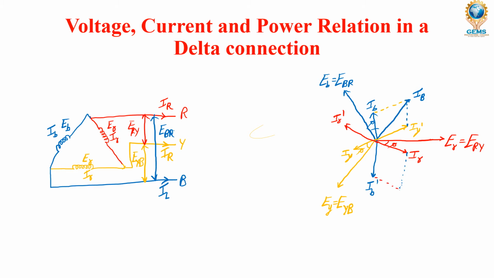Now we get the current IR. Next I draw a parallel line to IR dash and a parallel line to Y. The resultant current is IY.